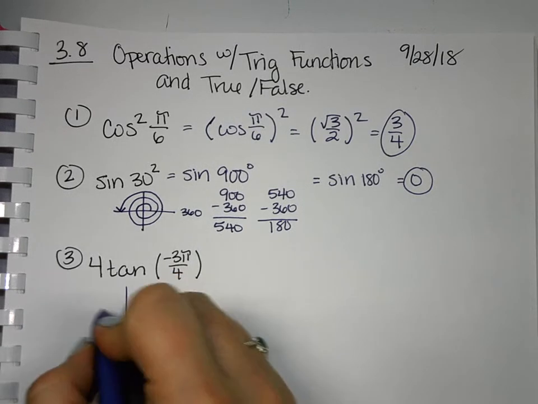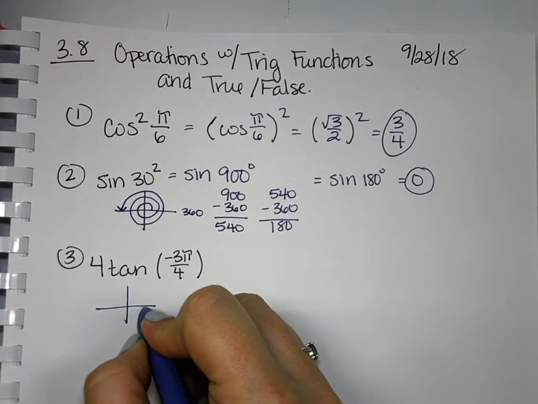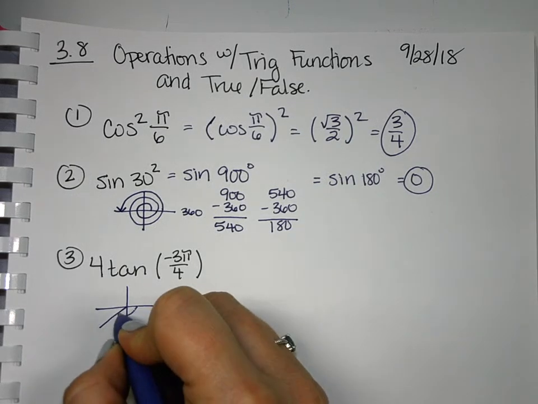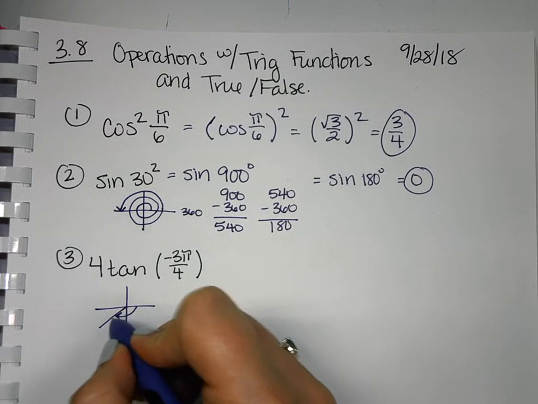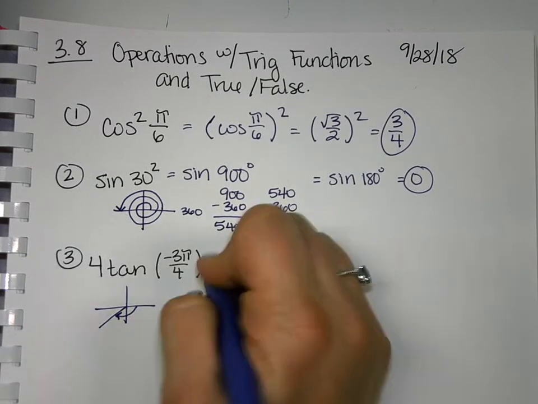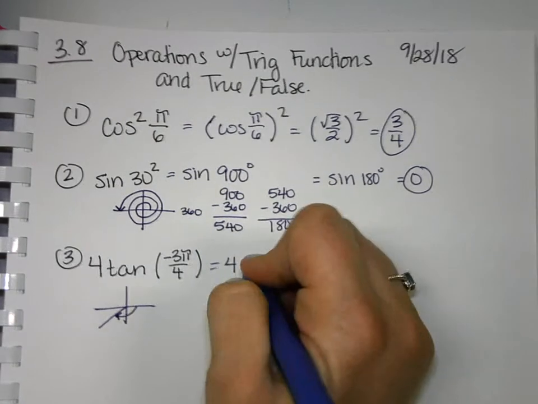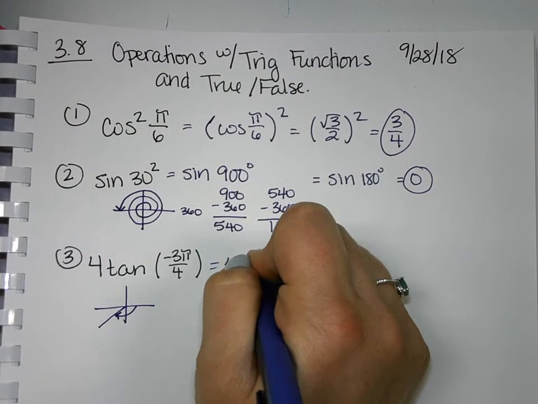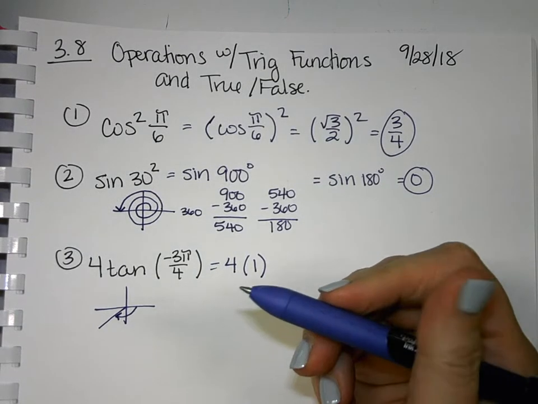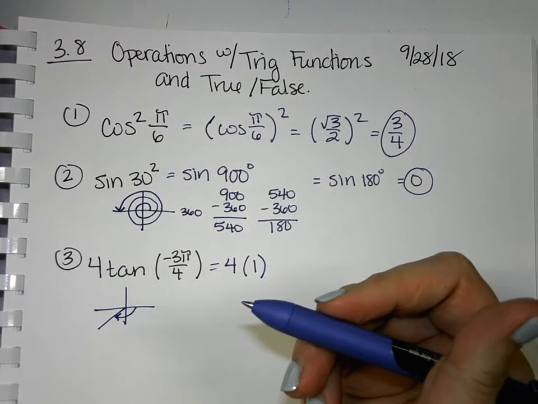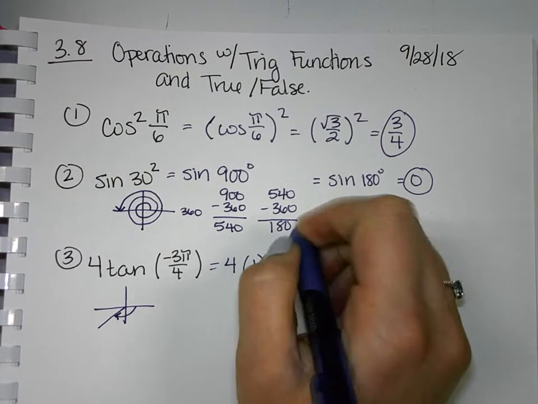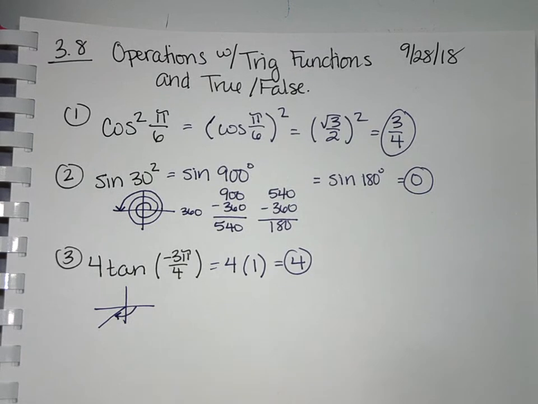When I think about negative 3 pi over 4, that's going to put me in this quadrant here. So what is my tangent of negative 3 pi over 4? Well, that would be on my unit circle 4 times 1, because tangents are positive in that quadrant, and I end up with negative root 2 over 2 divided by negative root 2 over 2, which is just 1. So what is 4 times 1? 4.